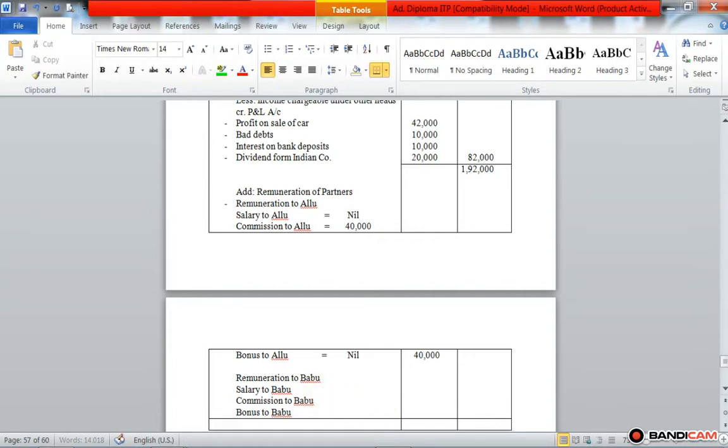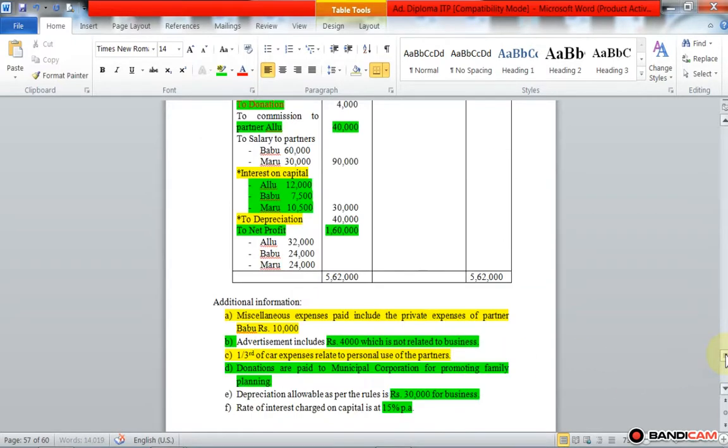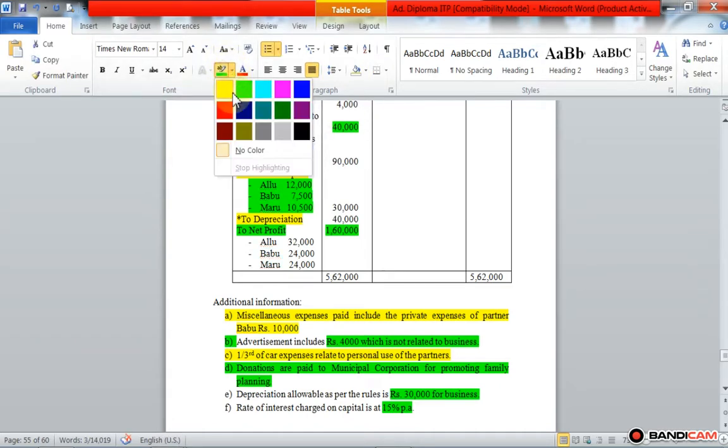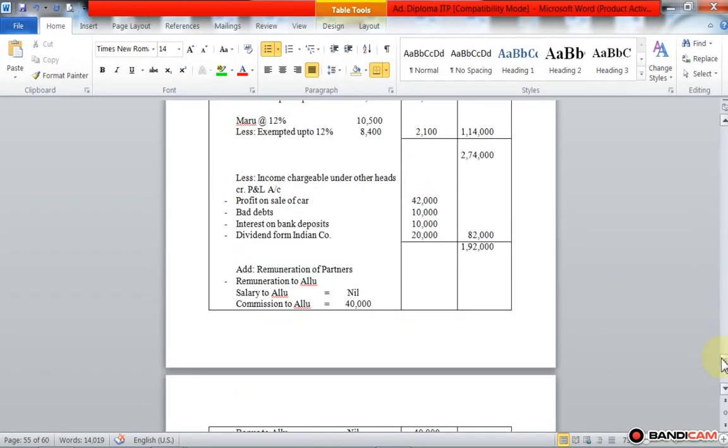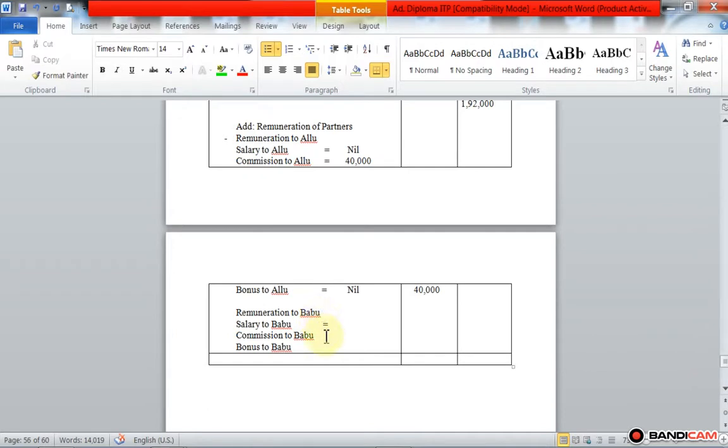So salary is given to Babu, see it in the profit and loss account. So here salary Babu rupees 60,000 and Maru rupees 30,000. So commission is not given to Babu, only salary is given to Babu and Maru, and bonus is not given to any one of the partners, so here bonus is not taken into consideration.